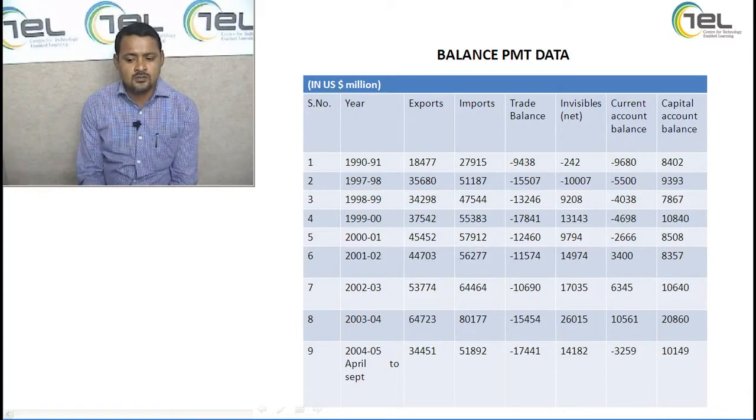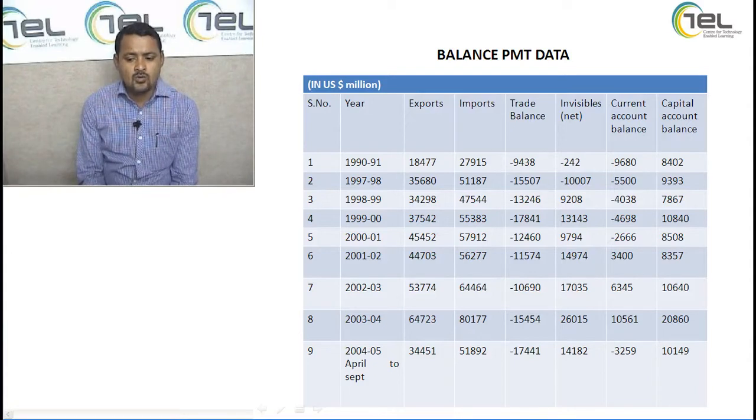The net invisibles became 14,974, which means almost 15,000 US dollar millions. So thereby both capital account and current account balance was plus.